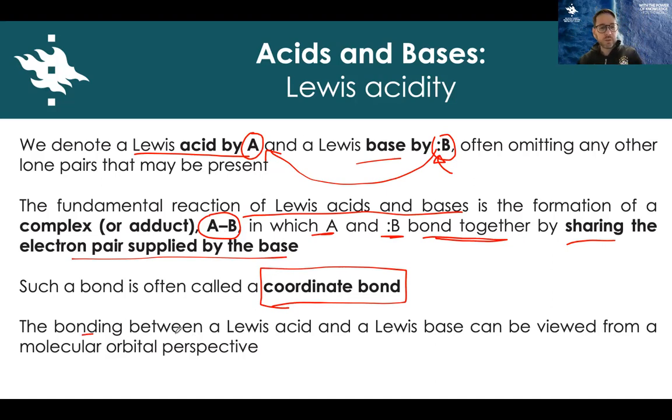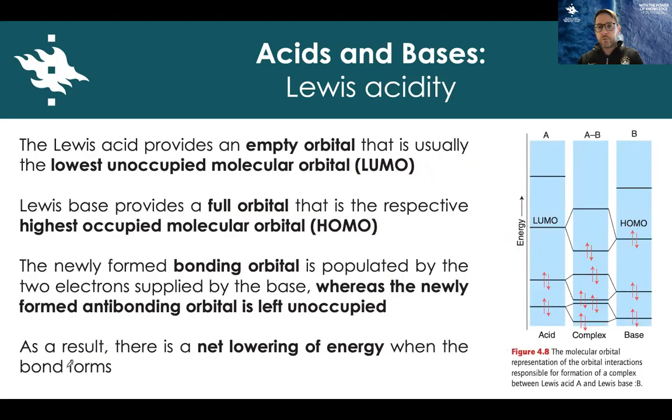So the bonding between a Lewis acid and a Lewis base, which is the donation of this electron pair from the base to the acid, can also be viewed in terms of the molecular orbital theory. We don't need to go into a lot of detail about molecular orbital theory, but basically it means that here we have the acid and here we have the base.